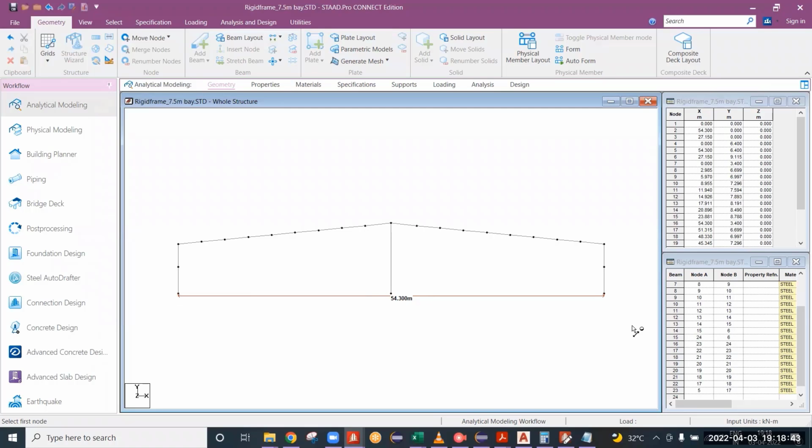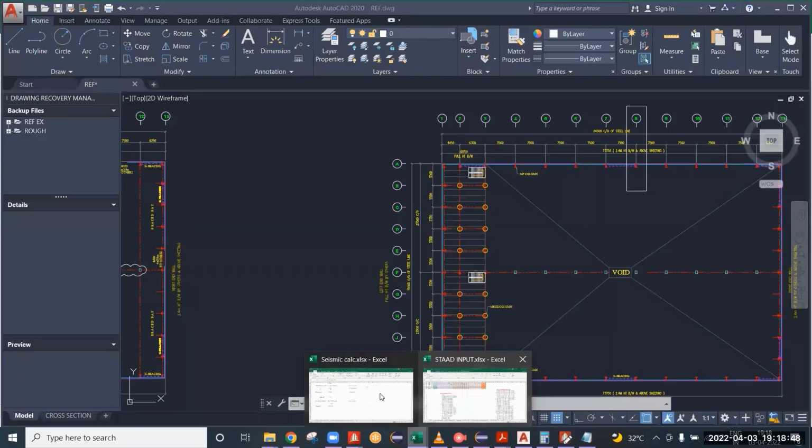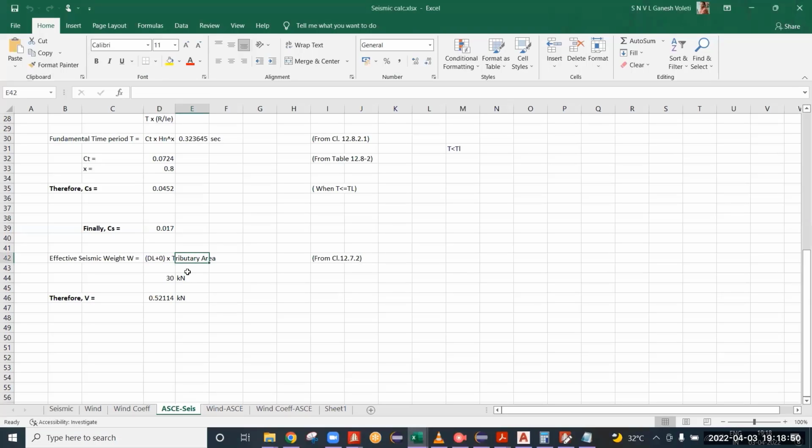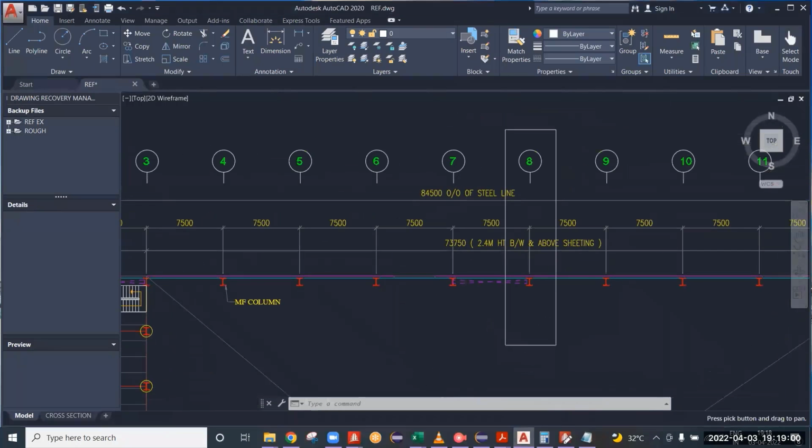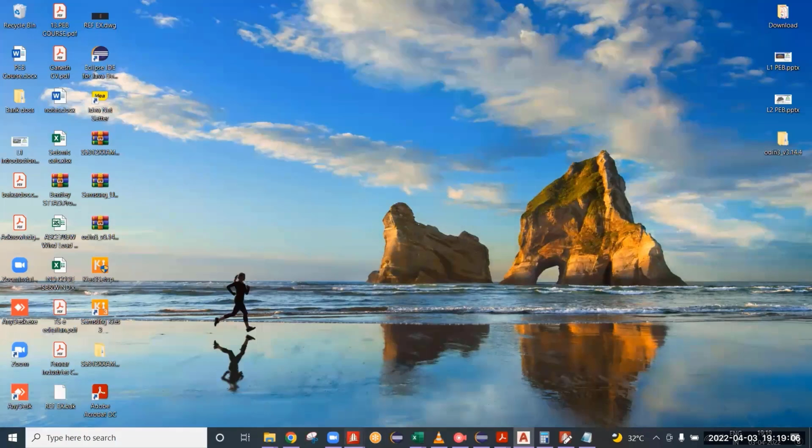So no need to give this width now, because tributary area means tributary length into width. Width already we have given in the geometry, so you need to give tributary length only. What is the tributary length? 7.5 plus 7.5 divided by 2, that is 7.5. Like that we will do.